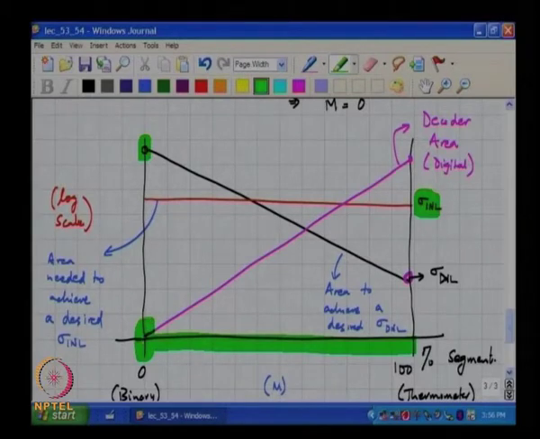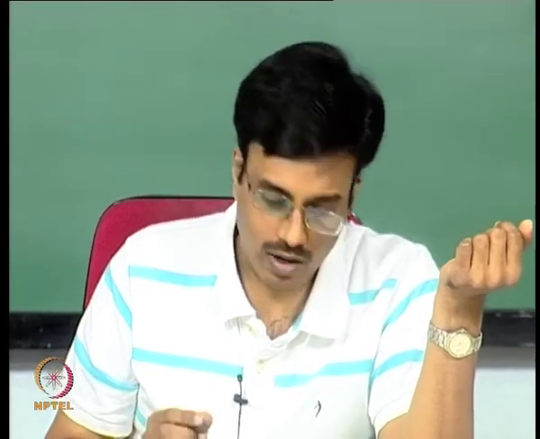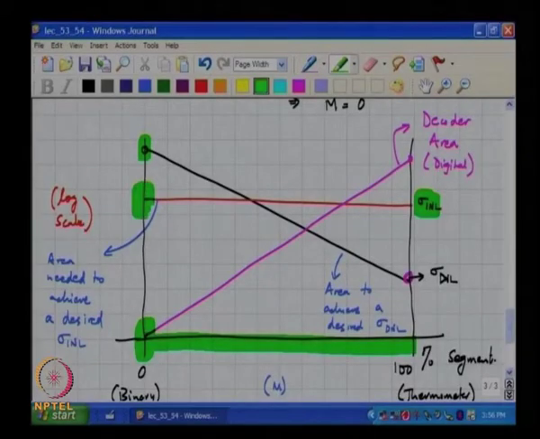The digital stuff contributes nothing, and we see that we are now way over designed from the viewpoint of INL. Why? For the desired sigma INL, this is all the area you need.